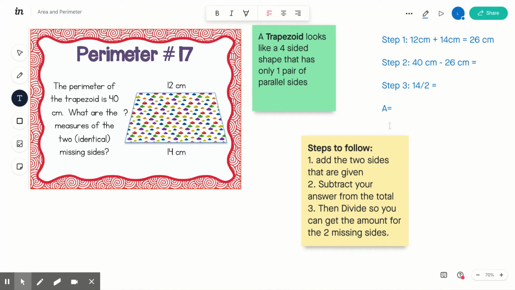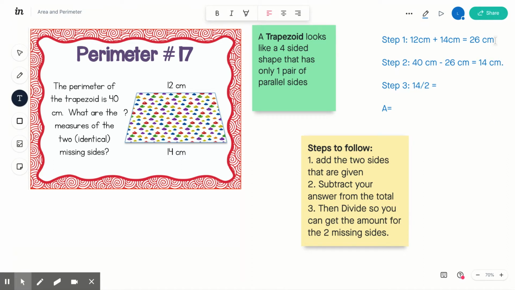Then step 2, you're going to subtract your answer that you came up with right here from the total that they gave us in the problem, which is 40. So 40 centimeters minus 26 centimeters should come out to 14 centimeters.